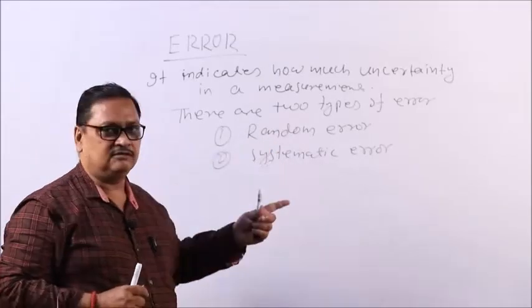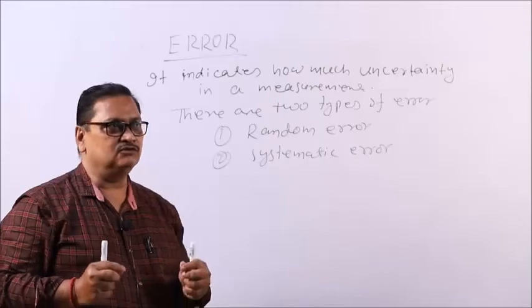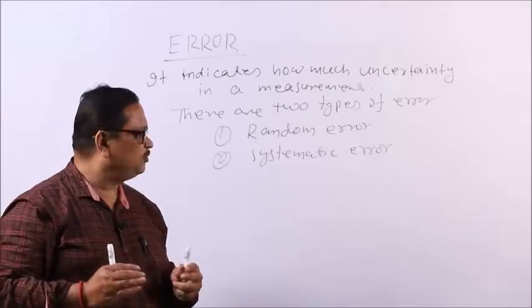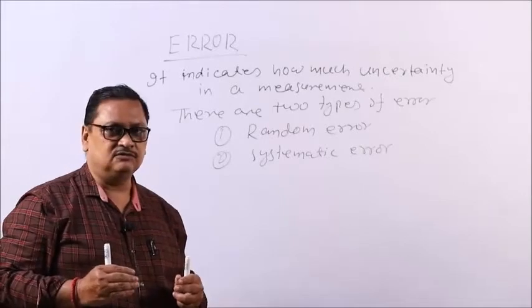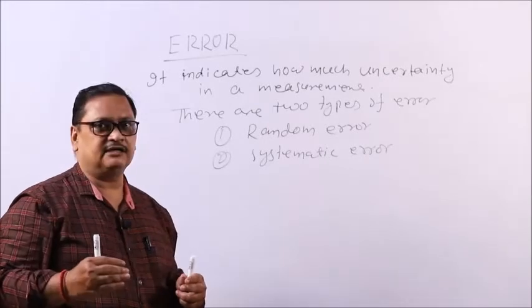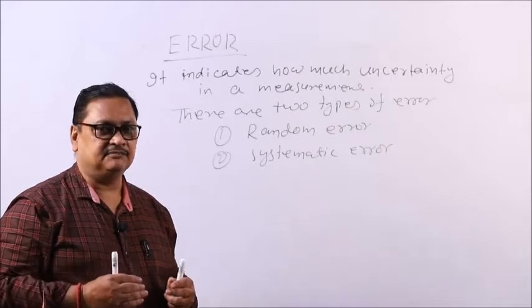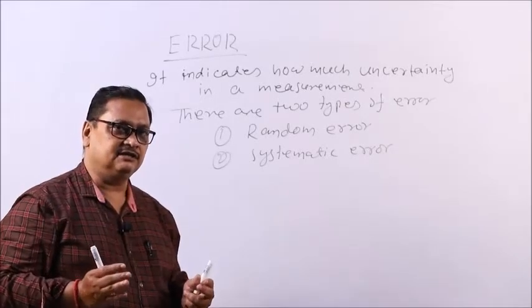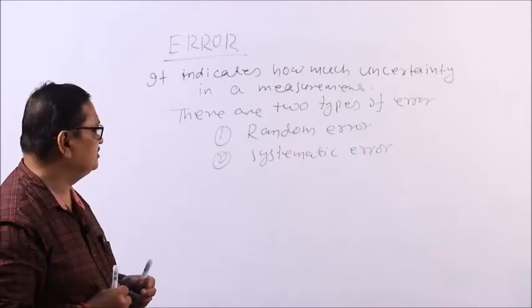This error happens due to a small change of condition. Suppose an experiment should be made at a temperature of 30 degree Celsius, so the temperature of the laboratory should be 30 degree Celsius.